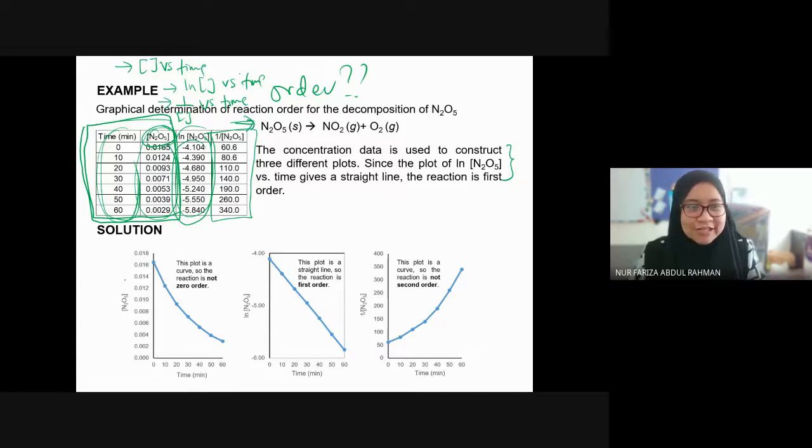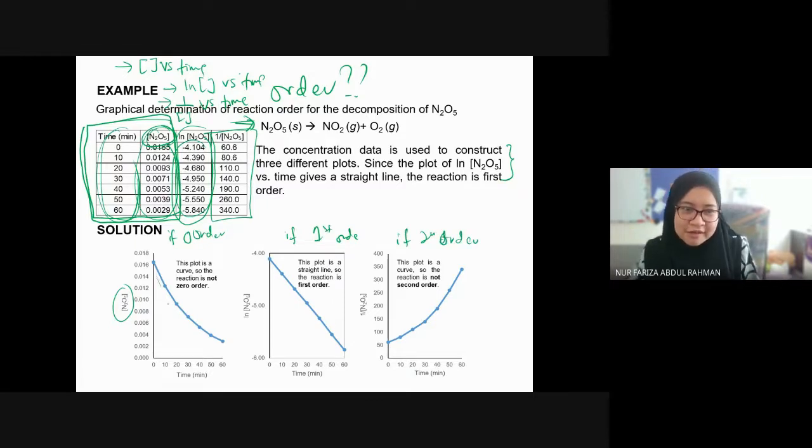Okay, and contohlah dia dah buat lah kan. Okay, this is kalau if dia zero order. This is if dia first order. This is if dia second order. If dia plot, nampak curve, dapat curve. You don't want curve. First, nampak dia dapat straight graph.